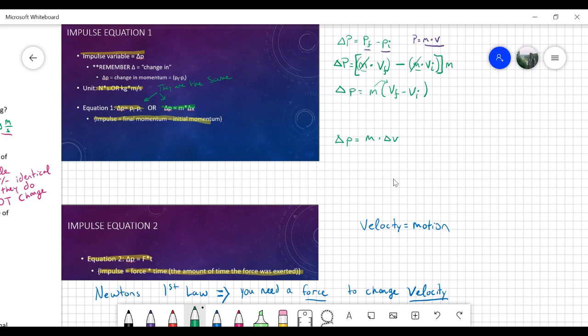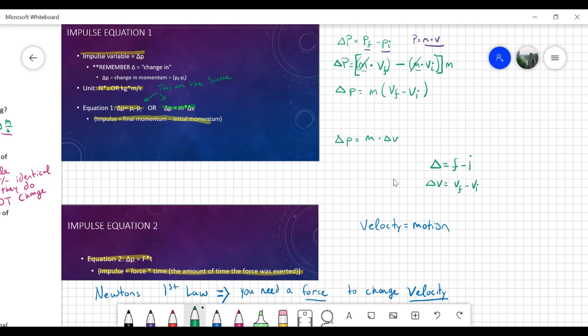Maybe I shouldn't. My computer's running super slow today. Okay. So this is the same thing as this, because if you remember, delta equals final minus initial. So if you have delta V, that is equal to Vf minus Vi. Well, that's what we got right here.